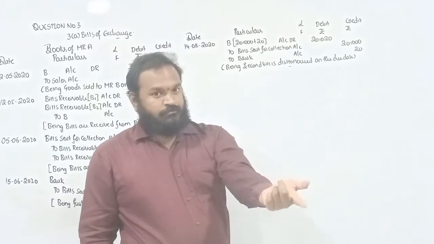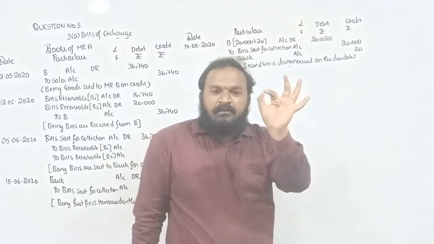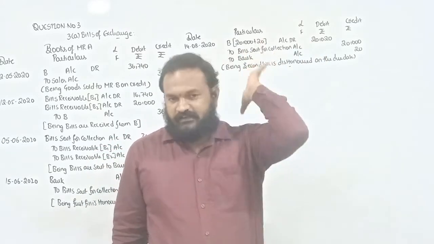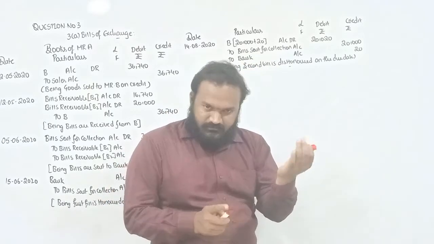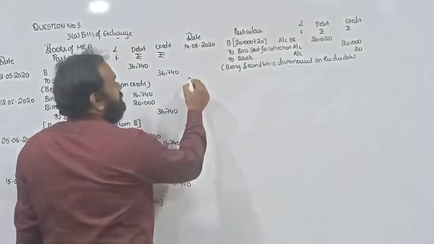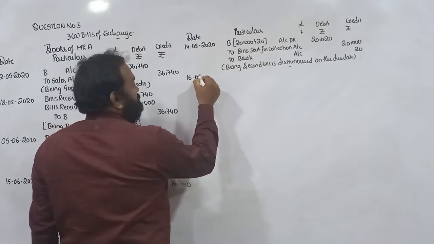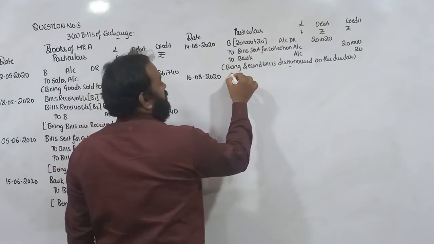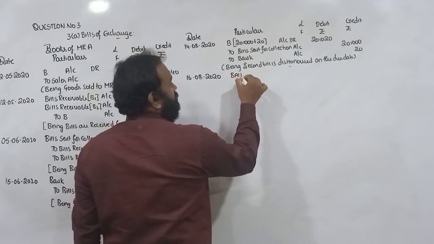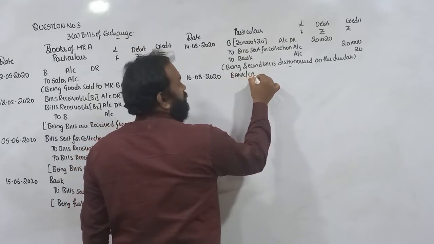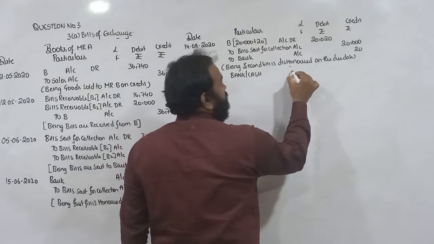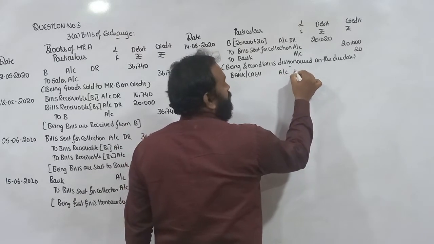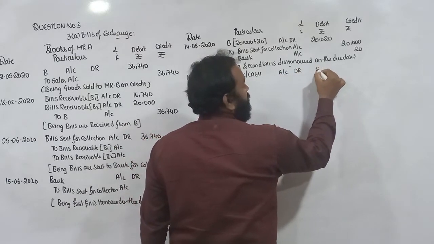Myself is the debtor in your books of accounts for 20,020. Myself will pay 8,020 in cash immediately. What is the journal entry for that? Receipt of cash, 16th August 2020. What is the journal entry? Bank or cash account debtor, how much?